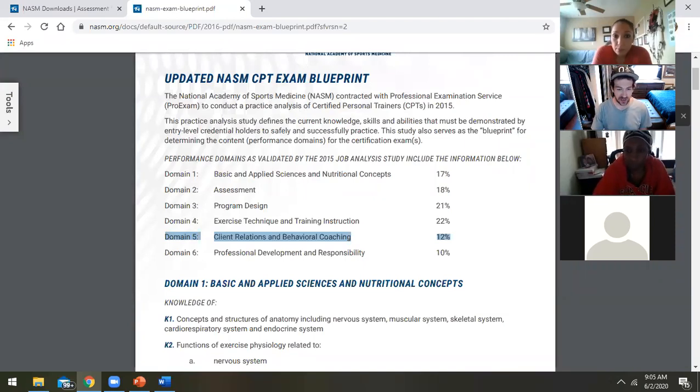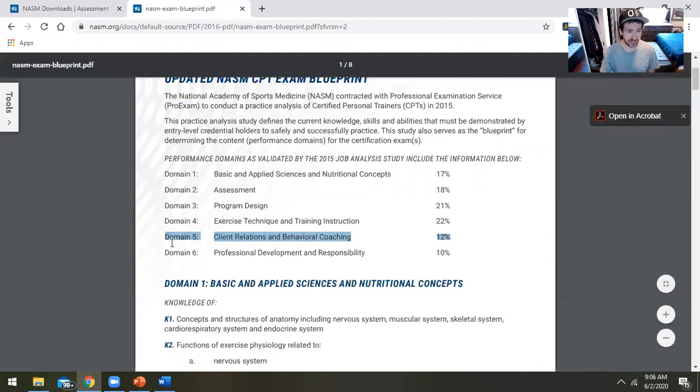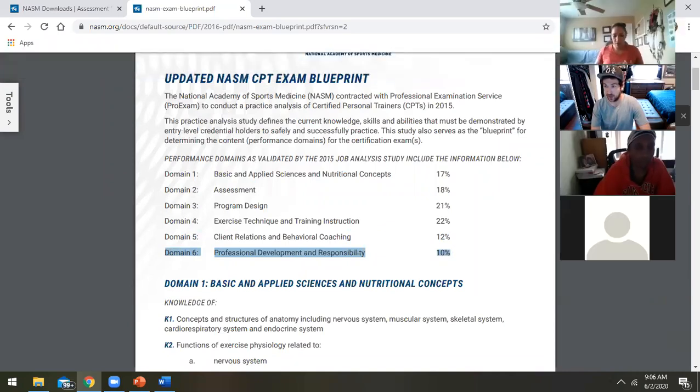And then right here, domain 6, professional development and responsibility. So 10%, not a ton of questions, right? At the most, it's 10 questions out of your 100. It's a really small chapter, chapter 20 in your regular textbook, and we're going to go through that over this course.